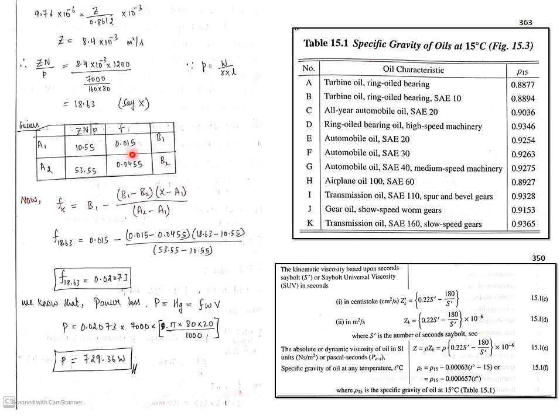You just write them down in tabular form. Now we need to find F at this point, where ZN by P is 18.63.